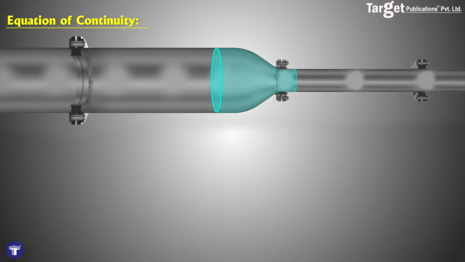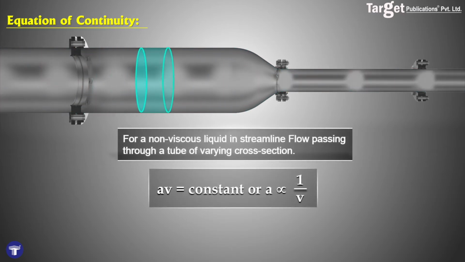Mathematically, the equation of continuity, which is a statement of the conservation of mass, is basically saying this: in case of a non-viscous fluid in a streamline flow, while it passes a tube of varying cross-section, the product of the area of cross-section and the speed with which the fluid crosses that section is a constant.